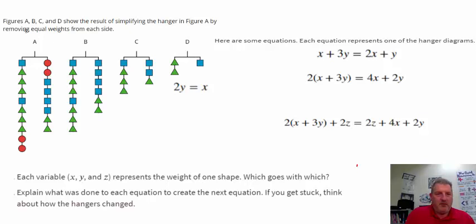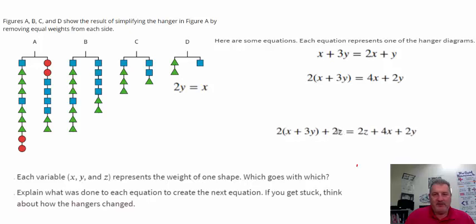So let's look at this long one here. Maybe that has the longest equation. I don't know. Let's see if we can match it up. Since we know that the x's are the squares, and we know that the y's are the triangles, let's see if we can match this up. So this is 2 times whatever's in this group. This looks like a group of x, so a square plus 3 triangles.